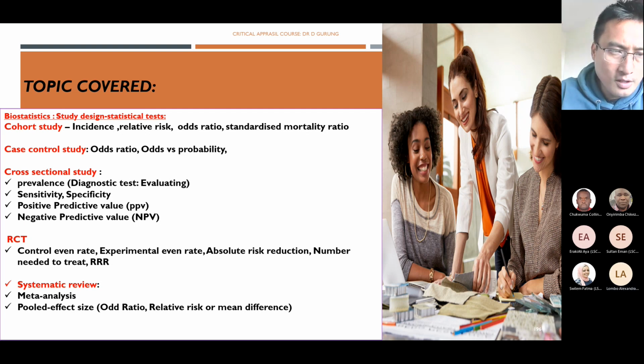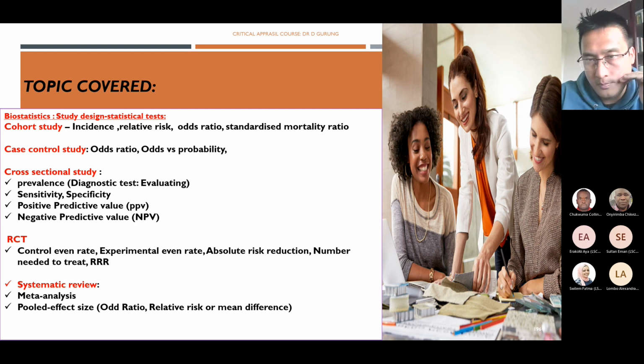If you're looking at a cohort study, where the exposure has happened but the outcome hasn't happened, the related questions will be incidence, relative risk, odds ratio, standardized mortality ratio. If you're looking at case control, where the outcome has already happened and we go back to find the risk factors, in those cases we find the odds ratio, odds versus probability.